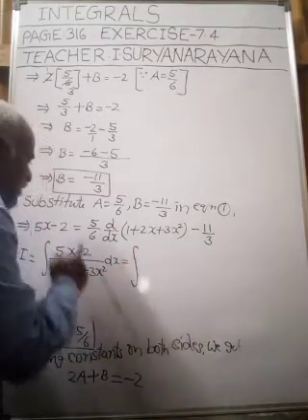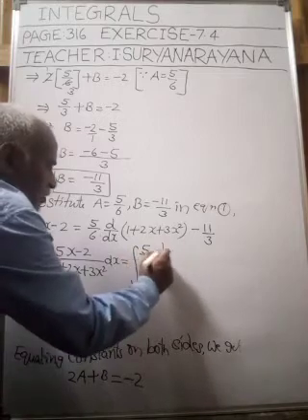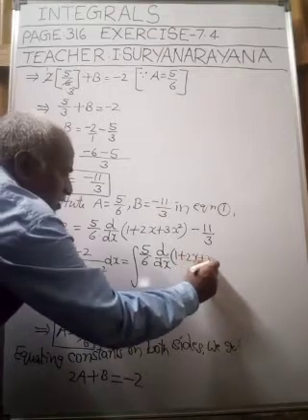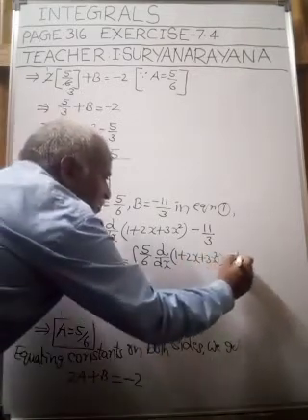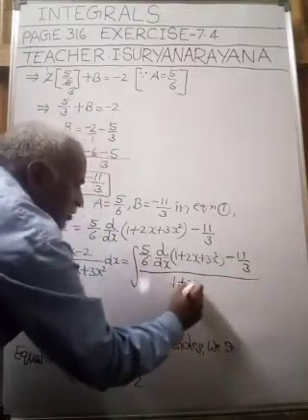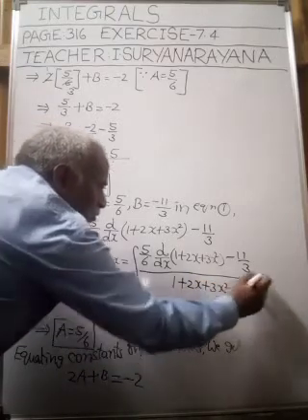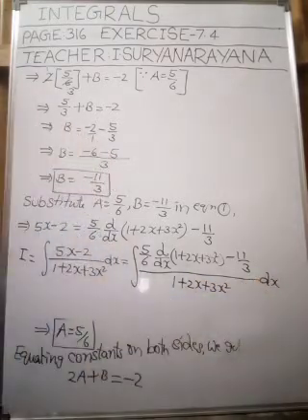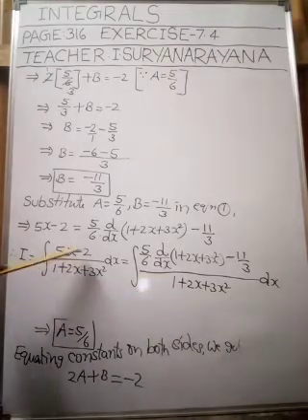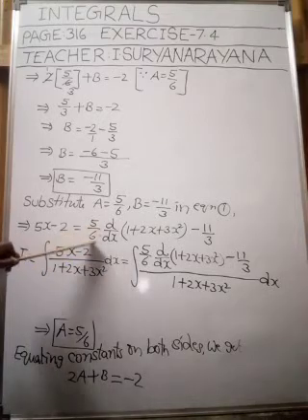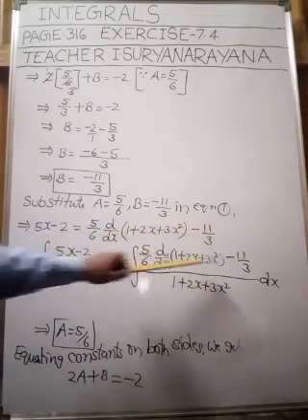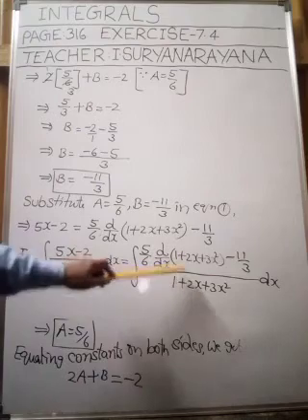That is equal to integral 5 by 6 into d by dx of 1 plus 2x plus 3x square minus 11 by 3, whole divided by 1 plus 2x plus 3x square. We wrote the denominator as it is, but in the numerator 5x minus 2 can be written as 5 by 6 into d by dx of 1 plus 2x plus 3x square minus 11 by 3. So I wrote that value here. Understood this step, my children?